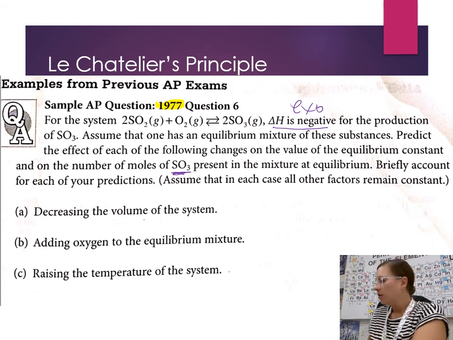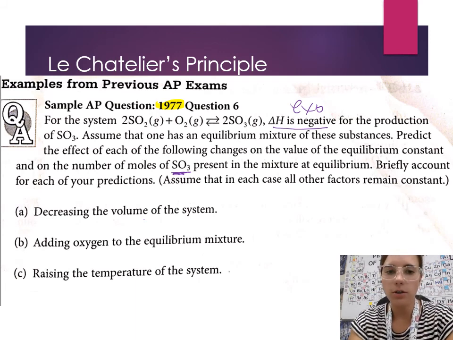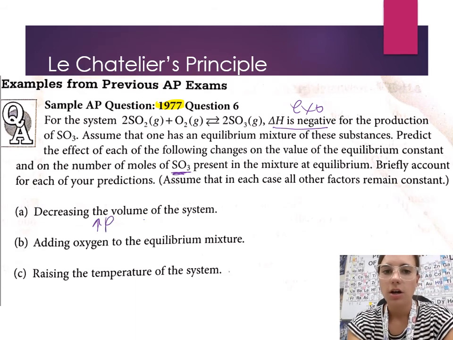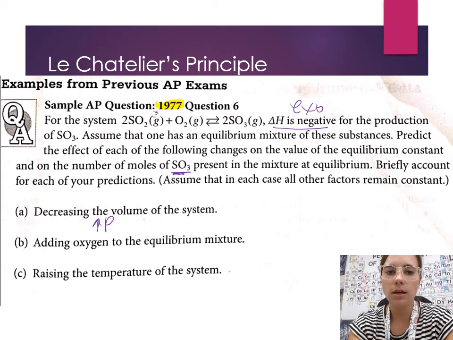and so what would happen to the amount of it. So if I decrease the volume in this system, decreasing the volume is the same thing as increasing the pressure. So if I have 3 gas molecules in my reactants and I have 2 in my products, if I increase the pressure, I need to go to the side with fewer gas molecules, so I'm going to shift right.